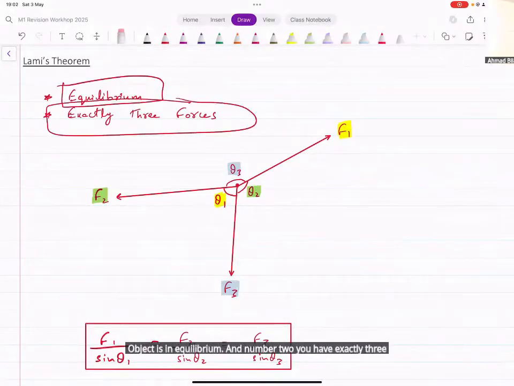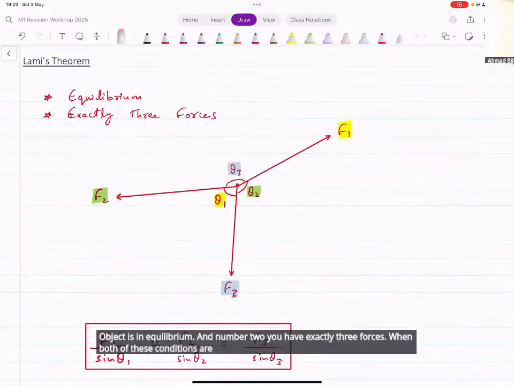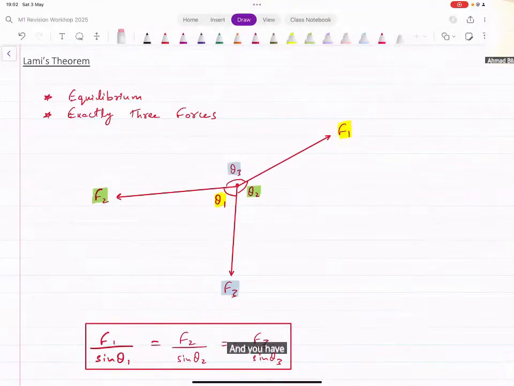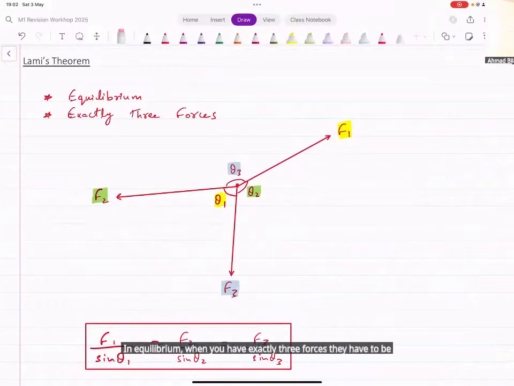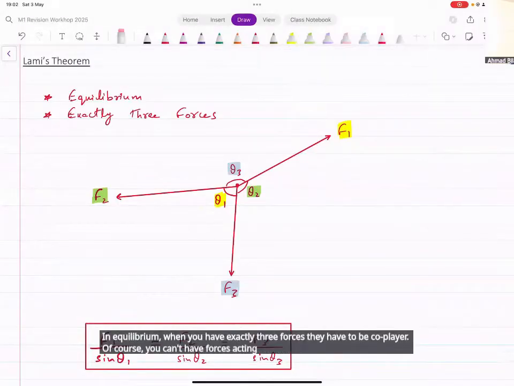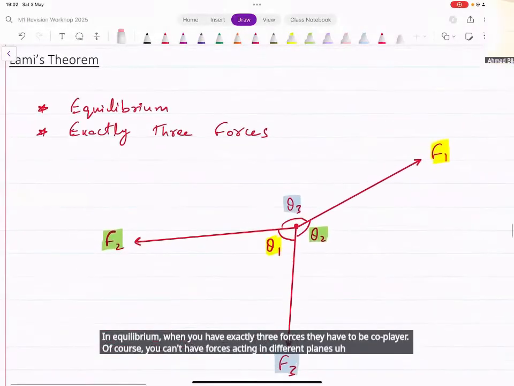When both of these conditions are met, you've got equilibrium and you have exactly three forces. In equilibrium, when you have exactly three forces, they have to be coplanar, of course. You can't have forces acting in different planes. They have to be coplanar, but exactly three forces.